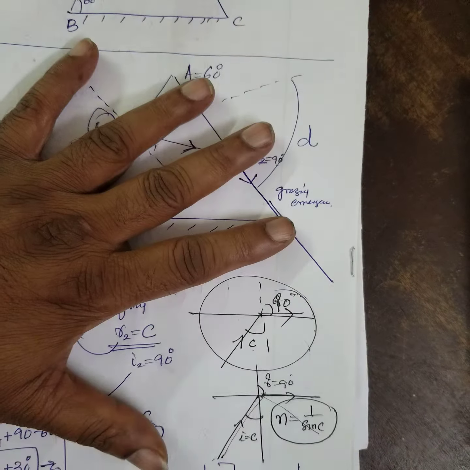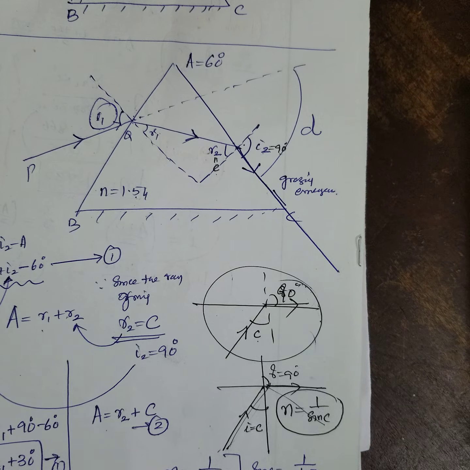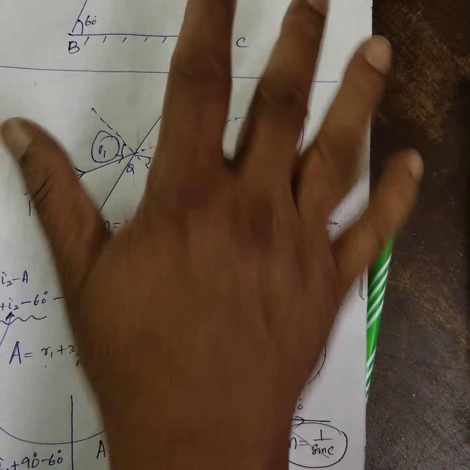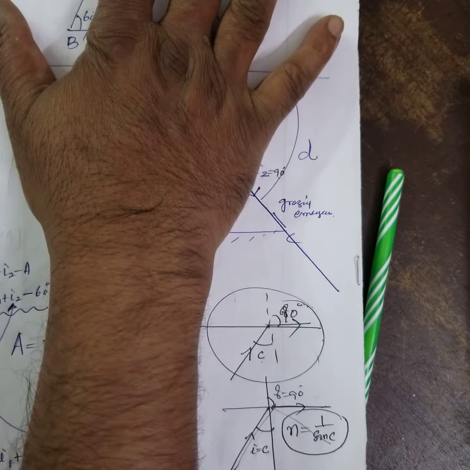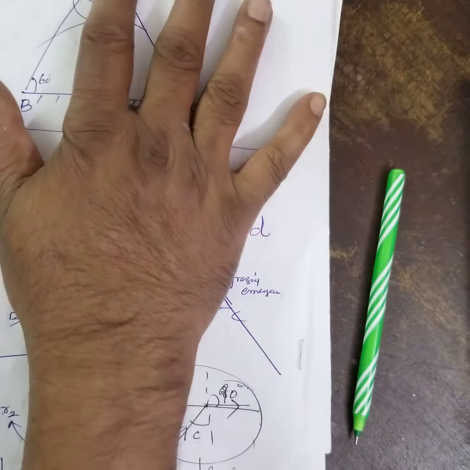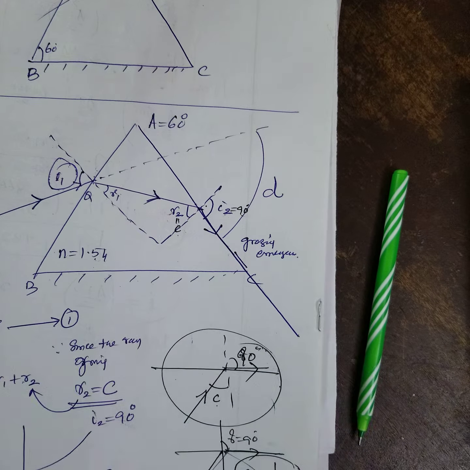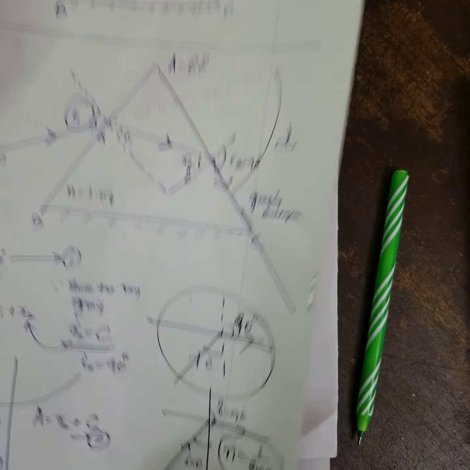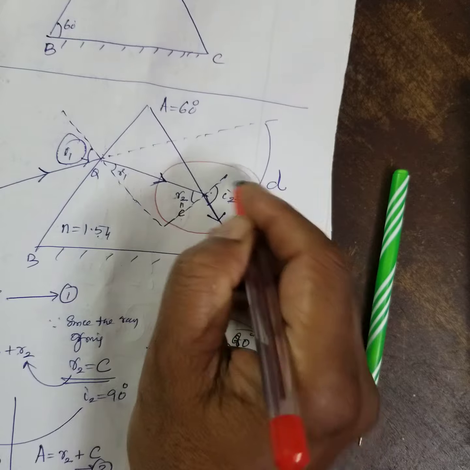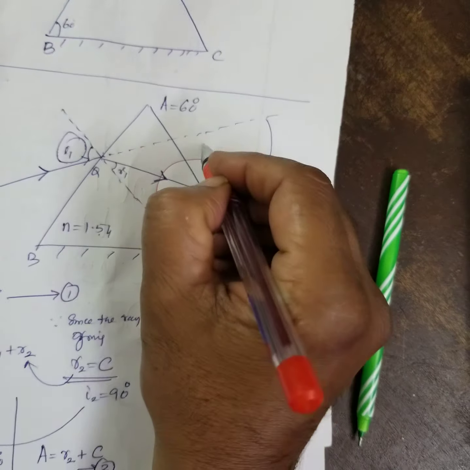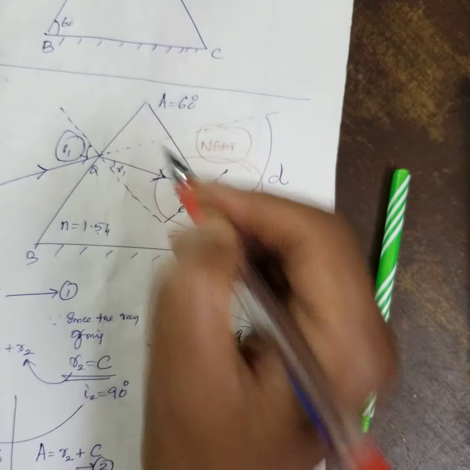If you know how to do this, you are learning a lot of concepts, and that is important. See, first you need to know all these concepts. For NEET it is very, very important.